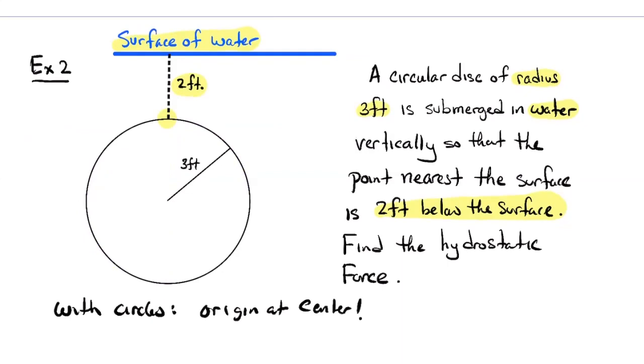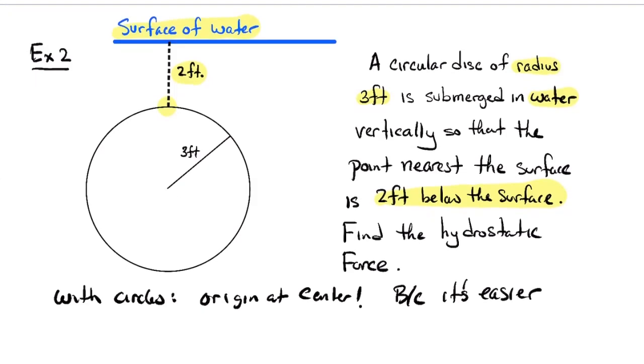Why? Because that makes the circle easier to describe. You don't have to. If anybody's ever telling you that you have to coordinatize a problem a certain way, they're lying. There's no one way to coordinatize a problem, but there are good ways and less good ways.